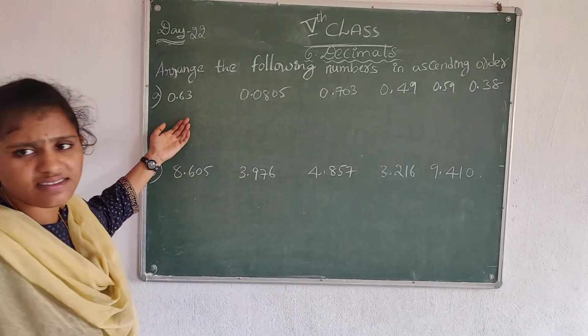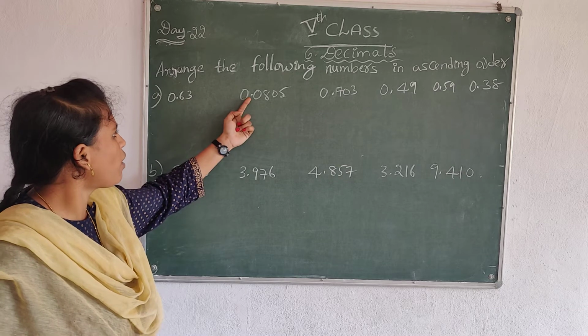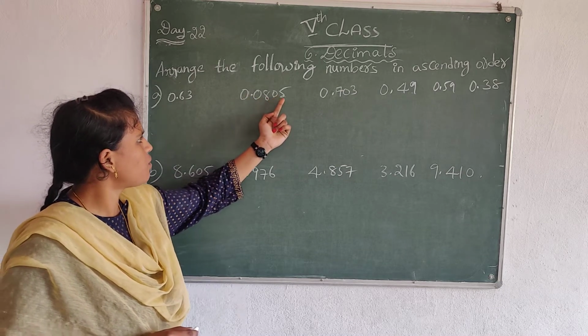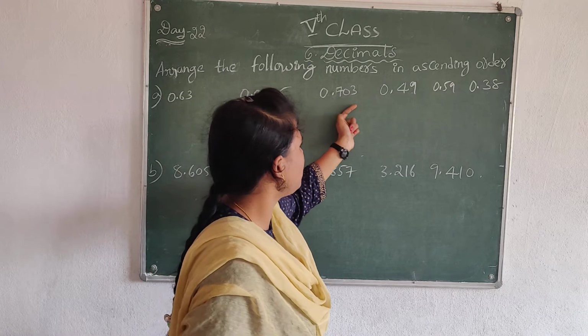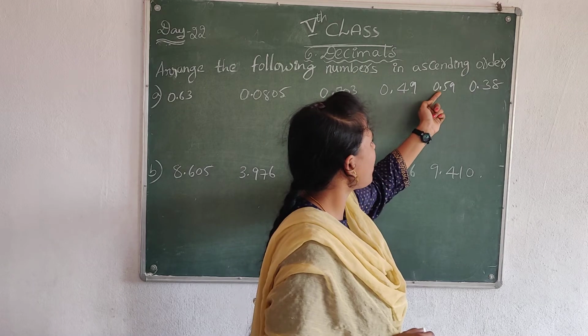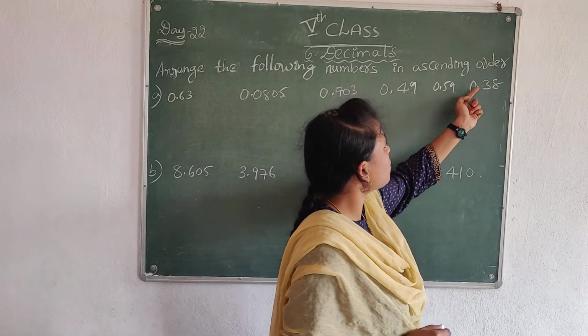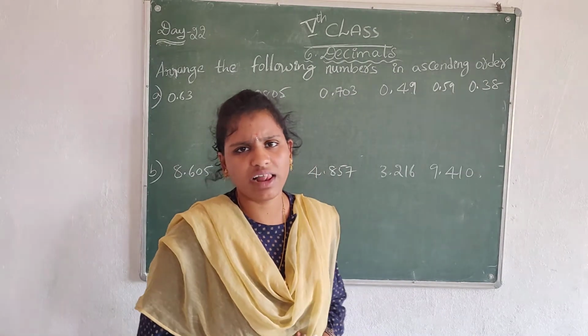So see the first sum, 0.63, 0.080, decimal values.